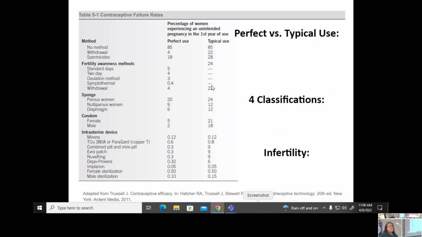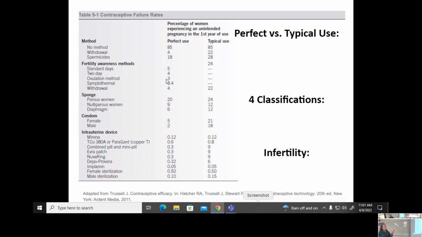So for failure rates, you want to put the perfect use. I don't want to have you do both, because I think you get the picture now of how much worse the typical use tends to be. And so one of the things I want you to know about the methods is whether it's a low, medium, or high failure rate, generally.